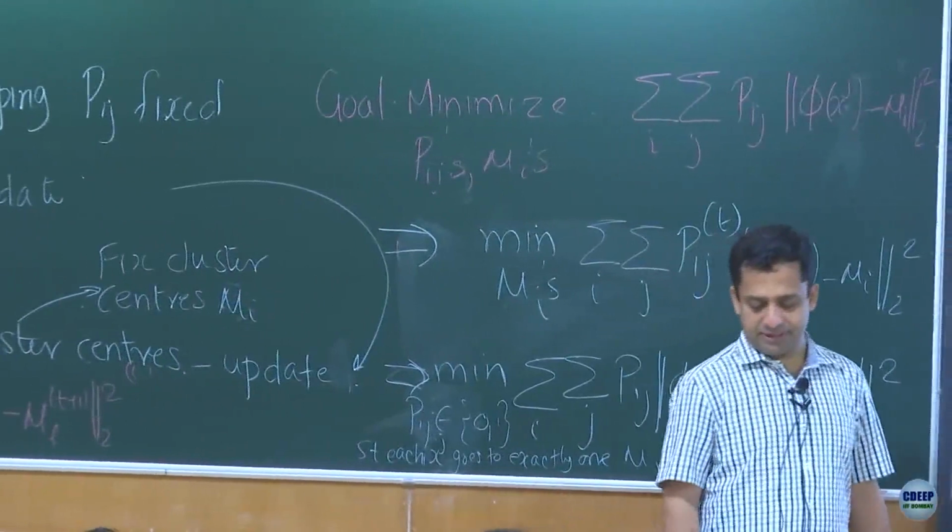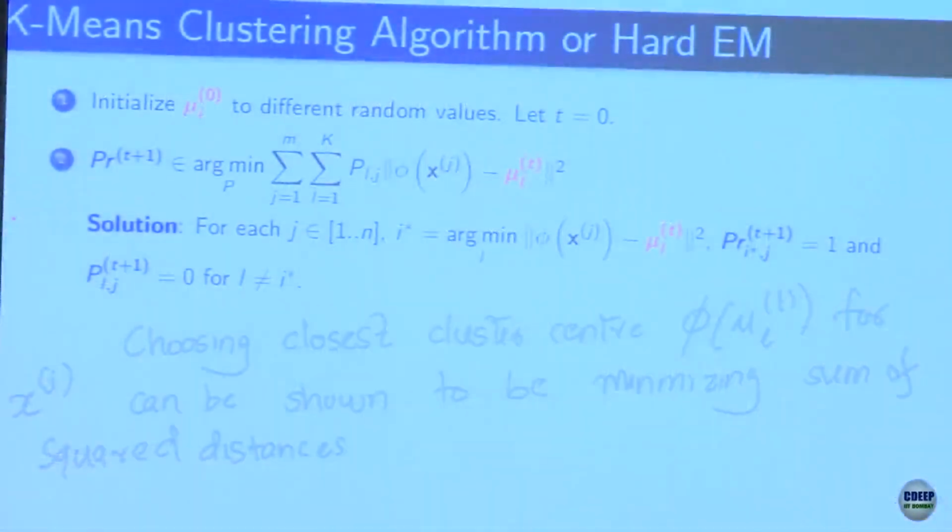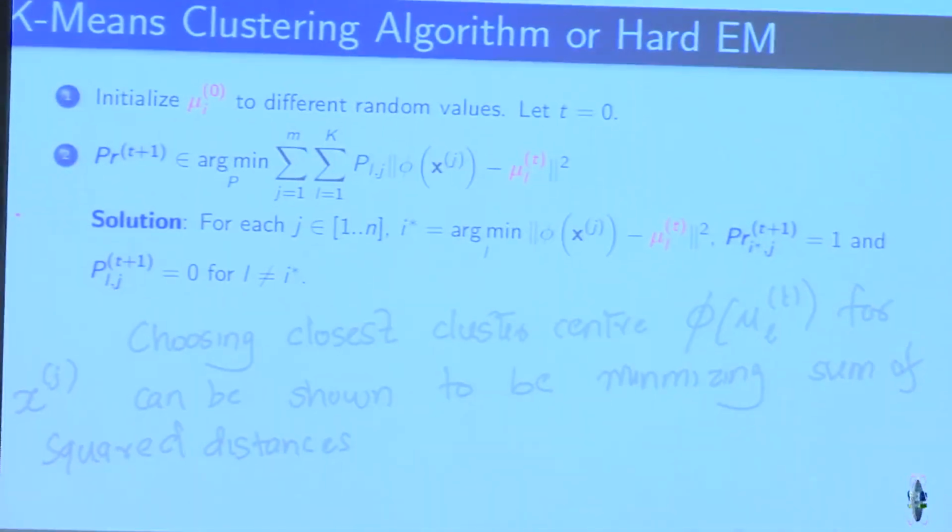Okay, so let us quickly verify this. This is what is happening. For each j, i star is the argmin over l of the distance between phi(x_j) and mu_l^t. Then P_{i* j} is 1 for that cluster, and P_{lj} is 0 for all other clusters, l not equal to i star.